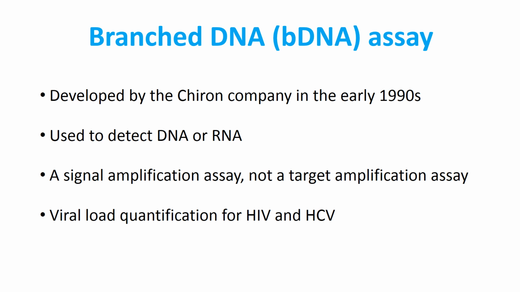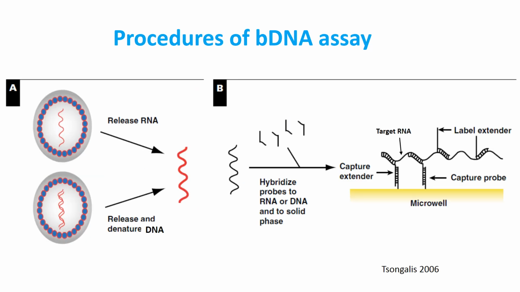Branched DNA assay currently is mainly used for viral load quantification for HIV and HCV. In the procedure of branched DNA assay, the first step is the release of DNA or RNA.